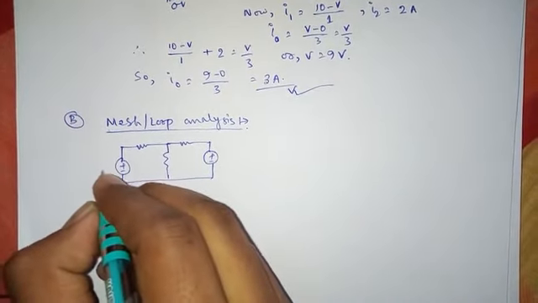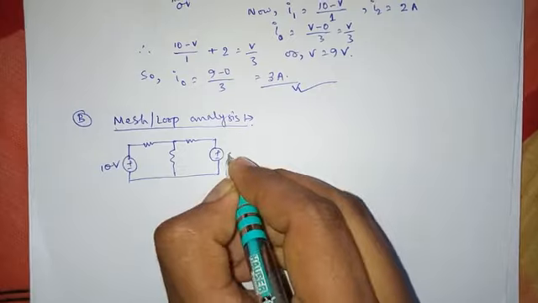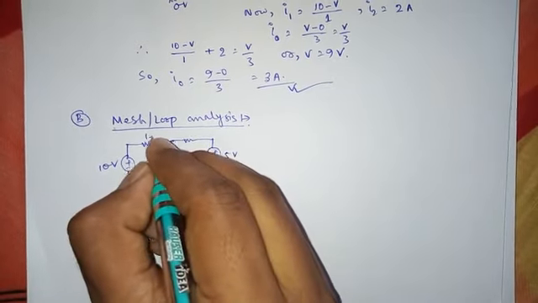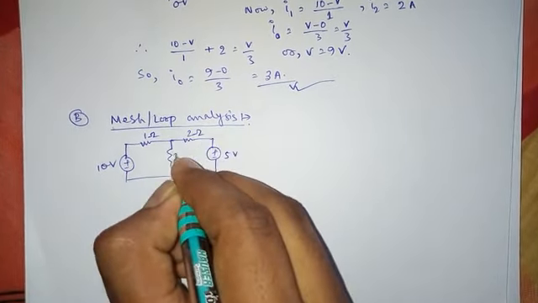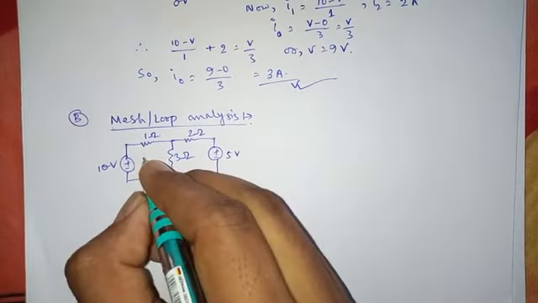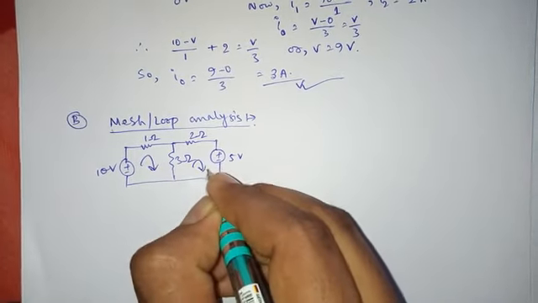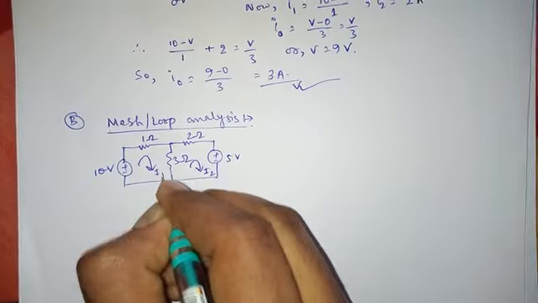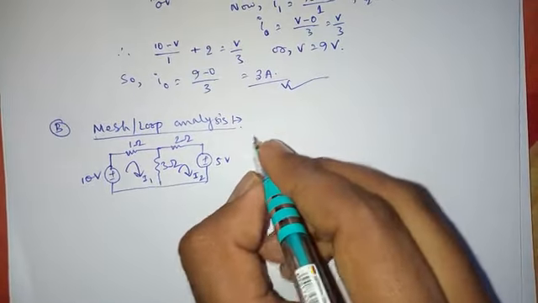Two sources are there: one is a 10 volt voltage source and the other a 5 volt voltage source, and three resistances, 1 ohm, 2 ohm and 3 ohm. Here we have to find the loop currents I1 and I2.